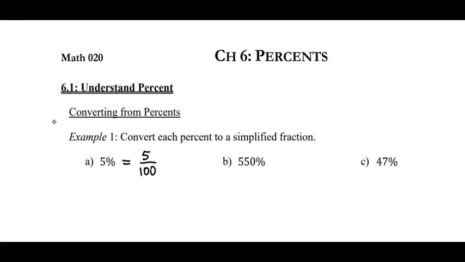So we're only using 5 out of 100, which means 5%. Now, of course, with fractions, we already know we need to simplify. 5 goes into 100 20 times, so we have 1 over 20 for our simplified fraction.